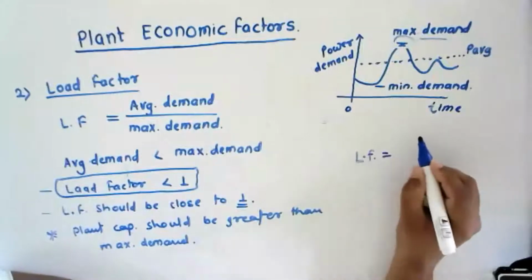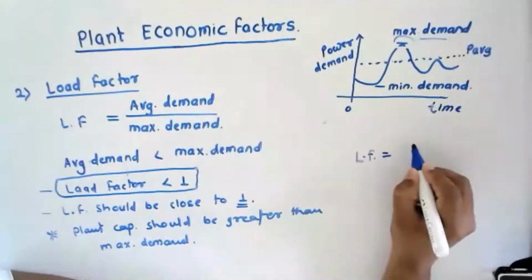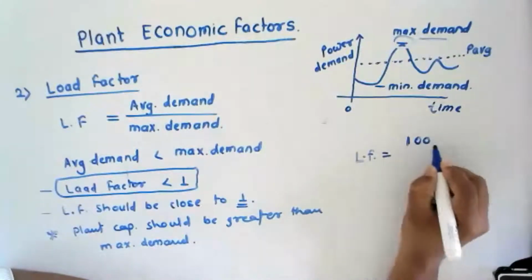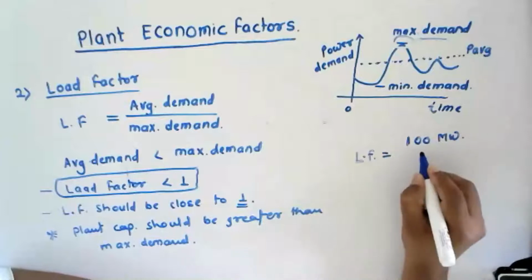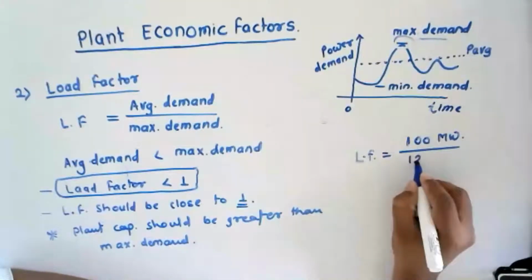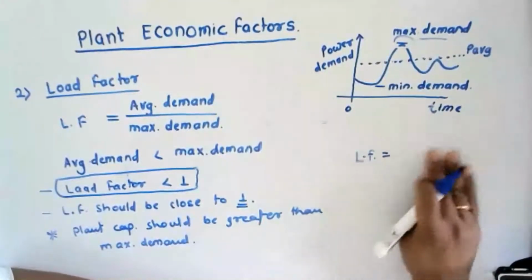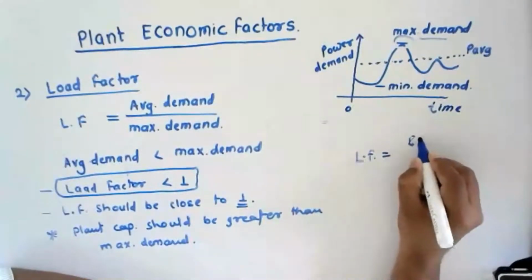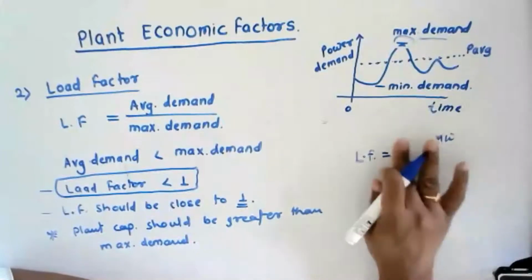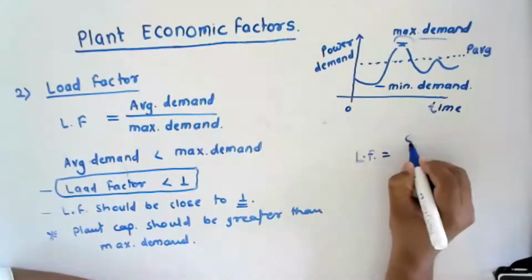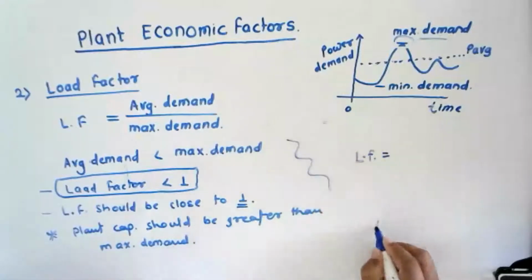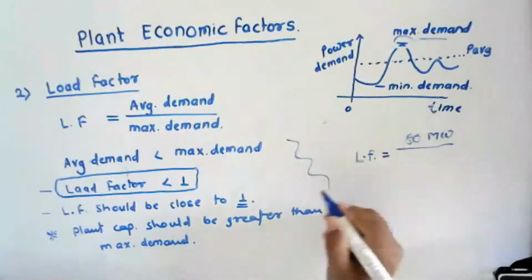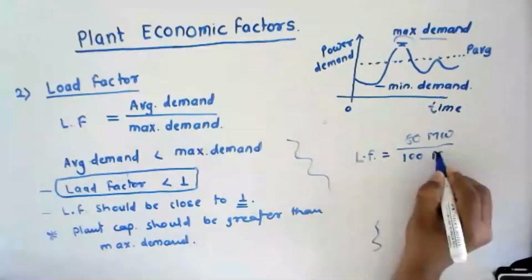Load factor is equal to average demand over maximum demand. Your average demand is 80 megawatt and the maximum demand is 100 megawatt.